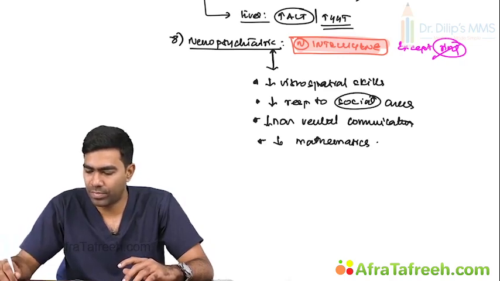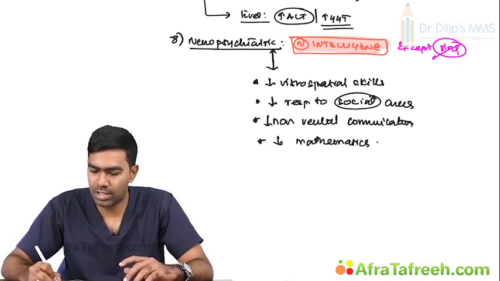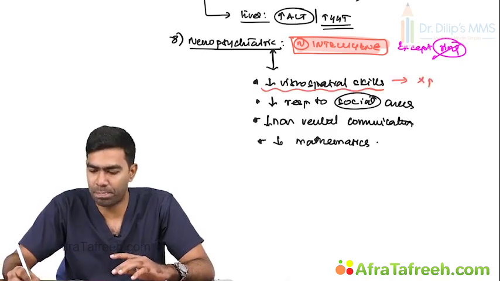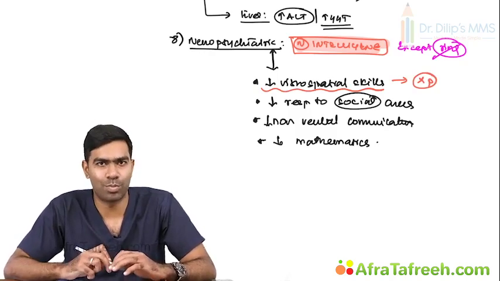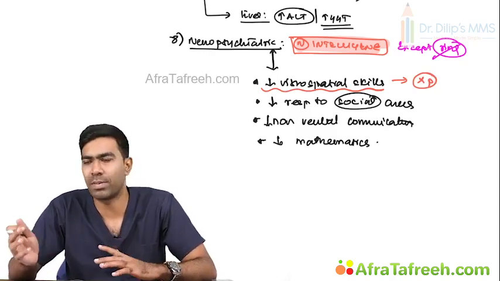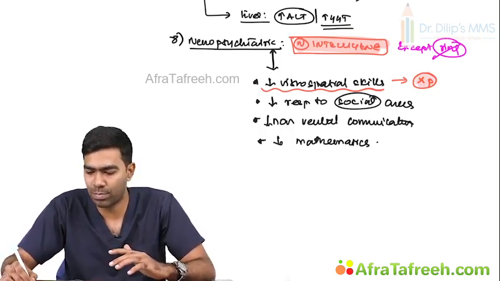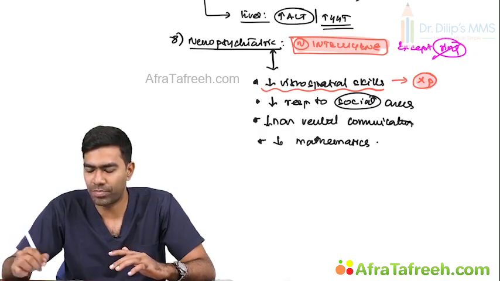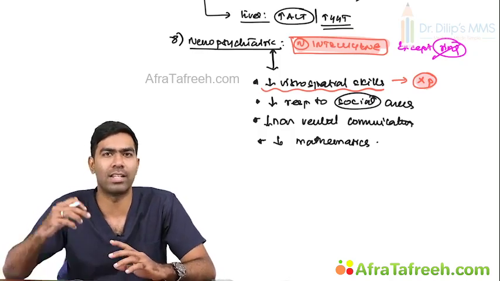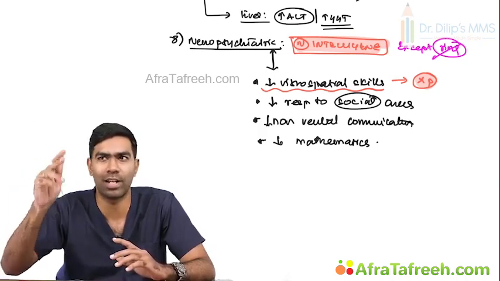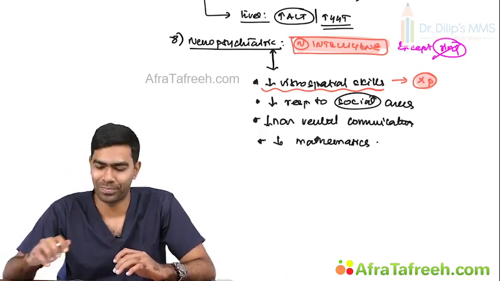And interestingly, defective visuospatial skills are associated with the paternal X chromosome. As I told you in the beginning, 70% of the time the X comes from the maternal side and 30% from the paternal side. Whenever they have problems with visuospatial skills, it's very likely that the patient has inherited the single normal X chromosome from the paternal side.